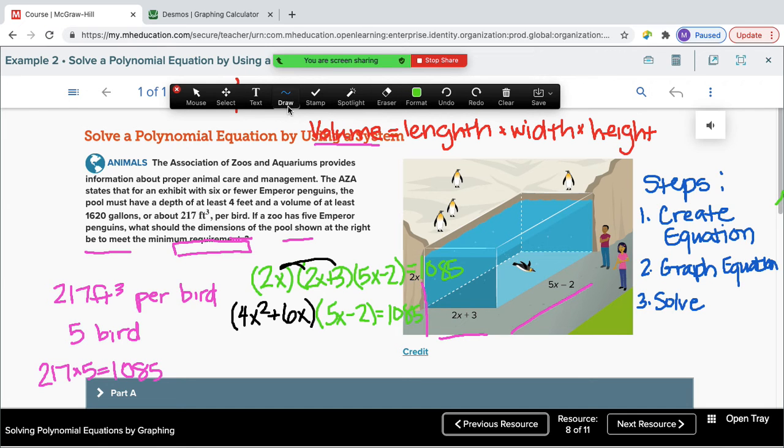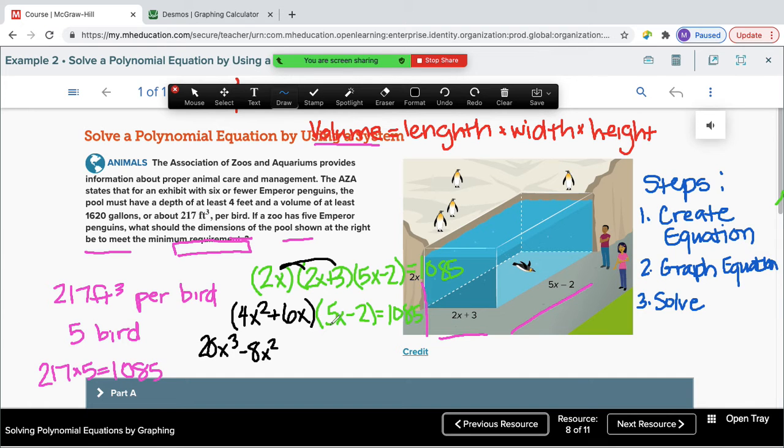Then I'm going to multiply that part. So 4x squared times 5x is going to give me 20x cubed. And 4x squared times negative 2 is going to give me negative 8x squared.